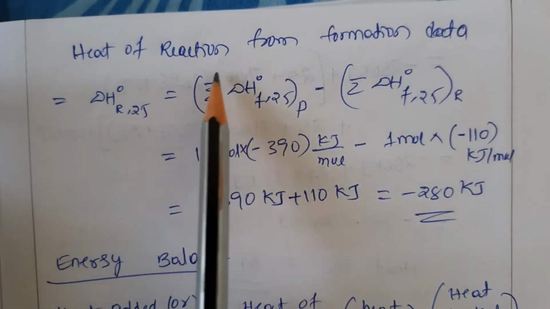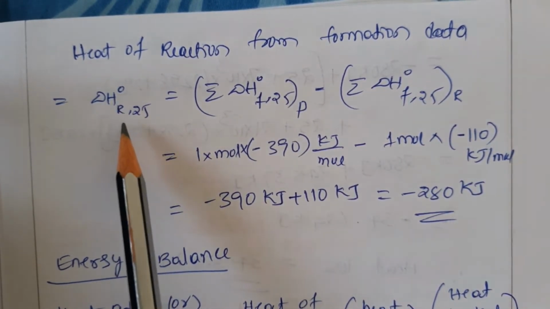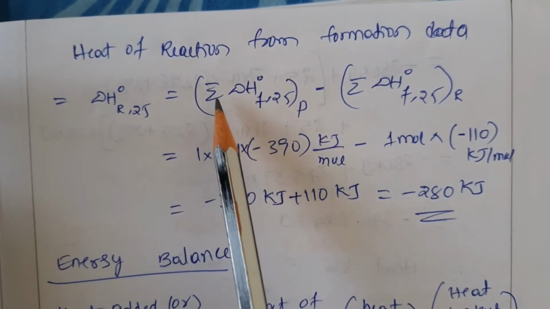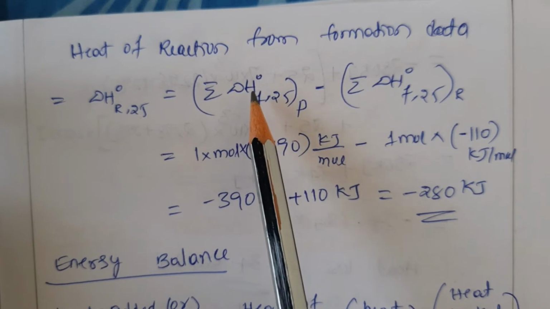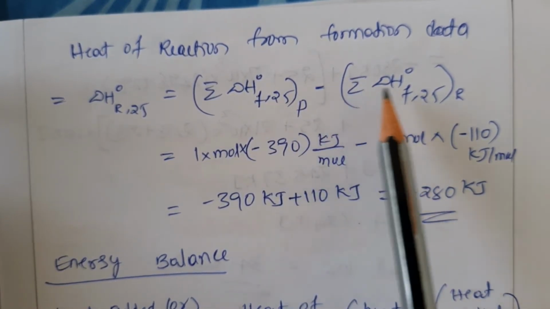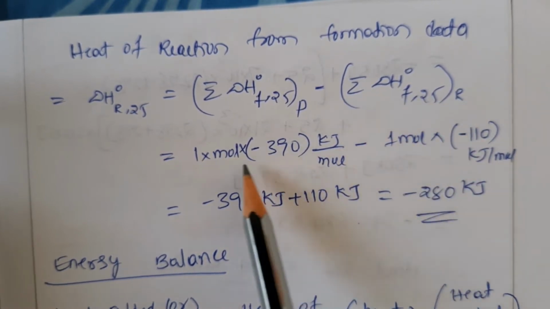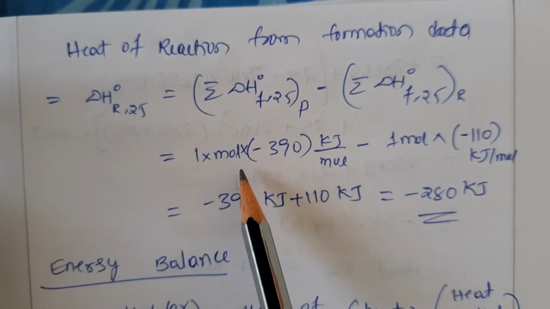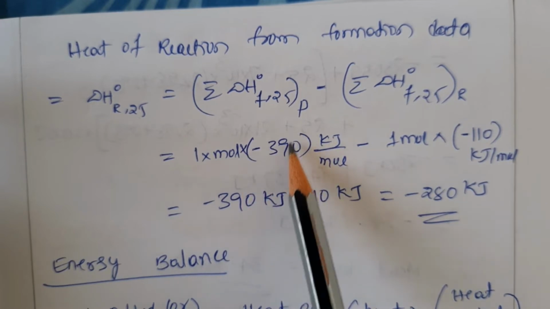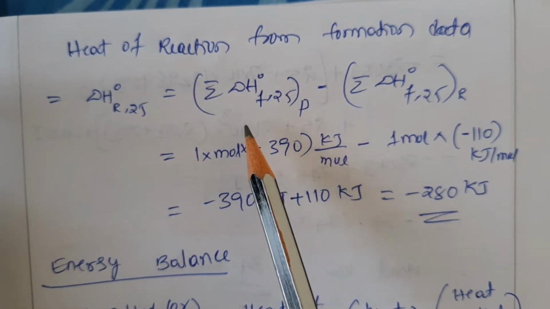The heat of reaction from the formation data, that is delta H naught at reference temperature 25 degrees centigrade, equals the summation of heat of formation of products minus the sum of heat of formation of the reactants at the reference temperature. The unit of heat of formation is kilojoule per mole, and formation data is always for 1 mole, right?